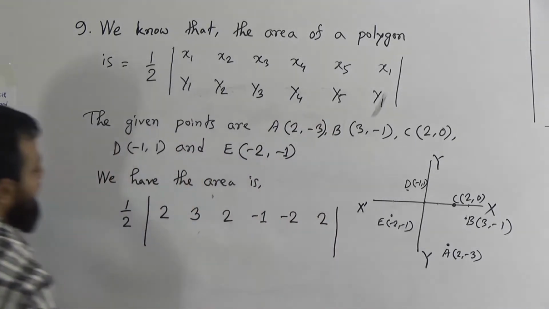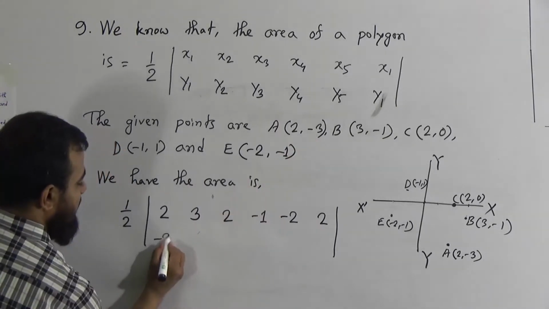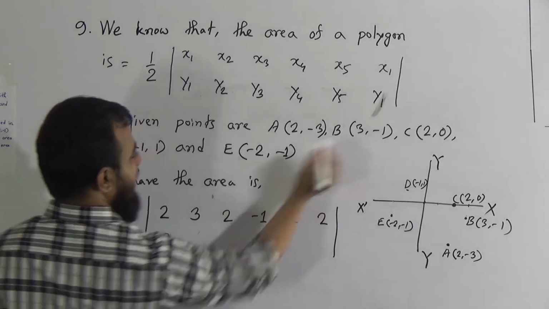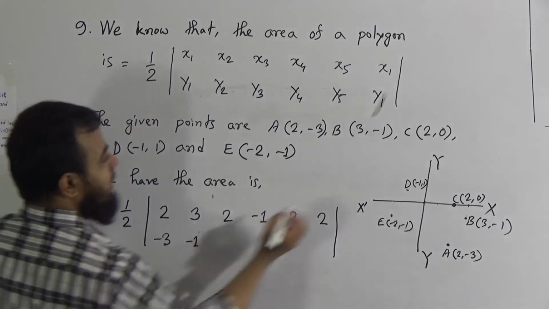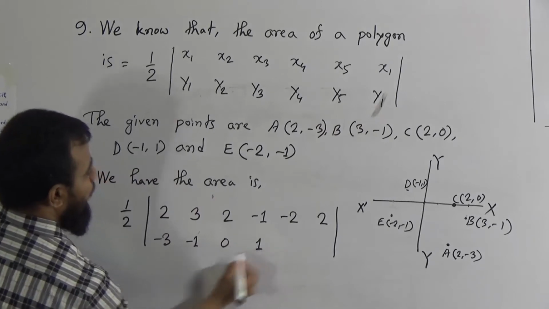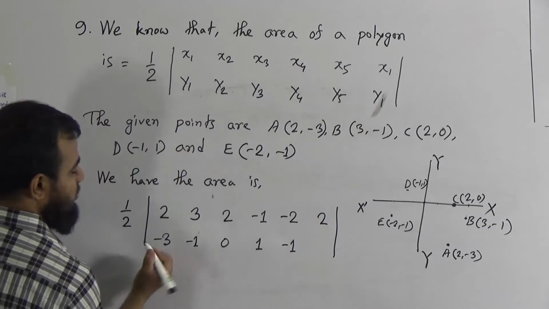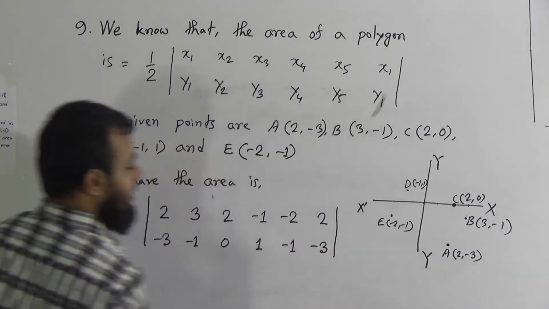Now we should put the values of y. y1 is equal to -3, y2 equal to -1, y3 equal to 0, y4 equal to 1, y5 equal to -1, and y1 equal to -3. So this will be our result.